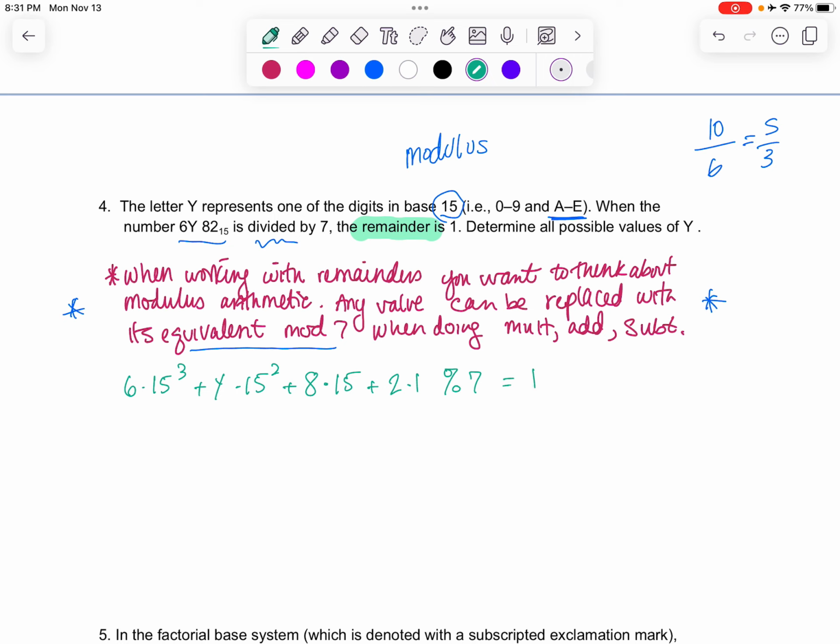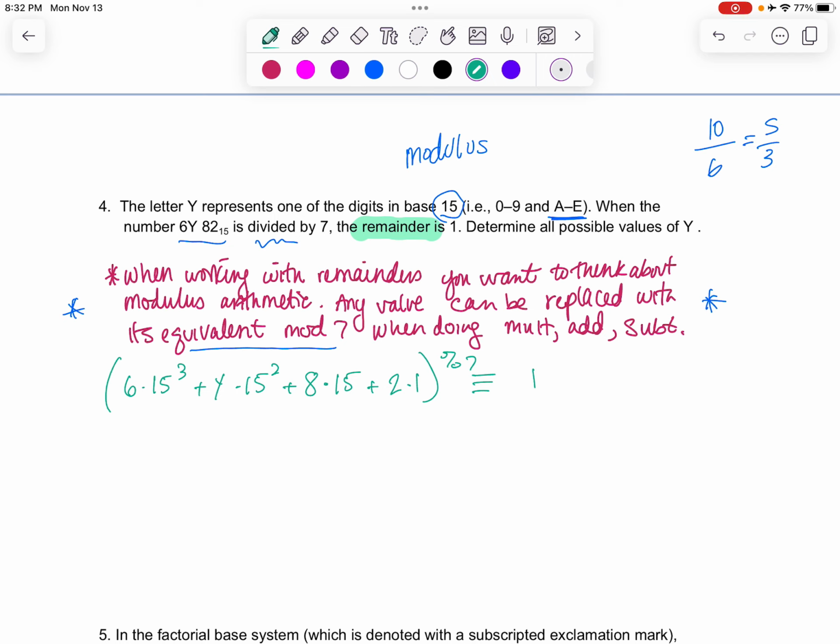Another way you might see this written is with the notation of the 3 lines, which is another way of saying equivalent to. I'm trying to take all of this and mod it by 7, and it's going to be equivalent to 1. So let's think about what I can replace.